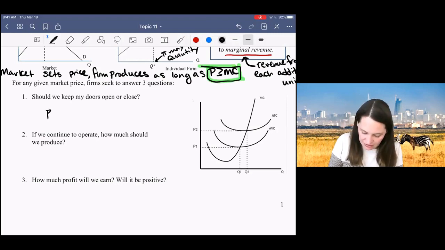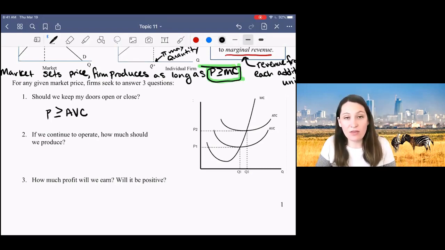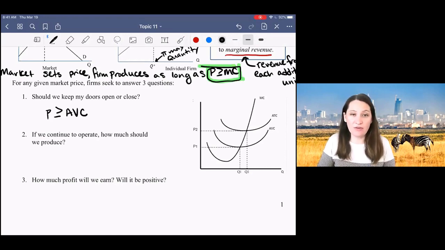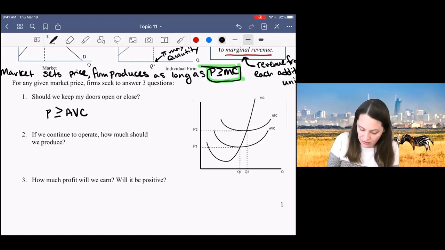Well, our short run shutdown condition is that as long as the price is greater than or equal to average variable cost, as long as their revenue per unit is larger than their operating cost per unit, then they're going to continue to operate.